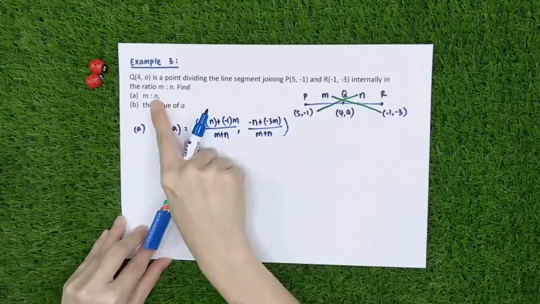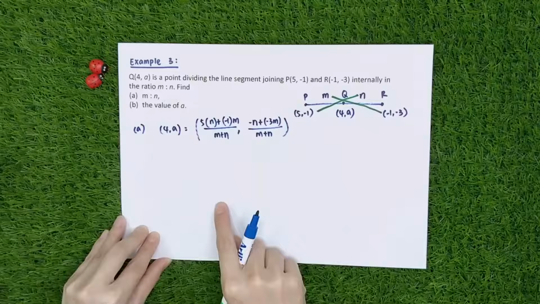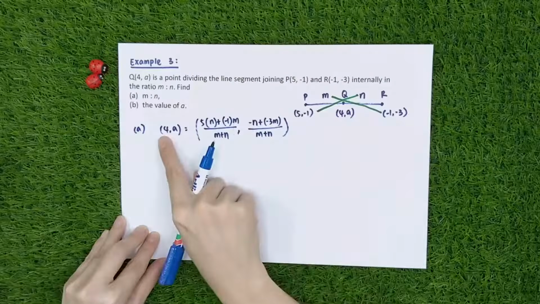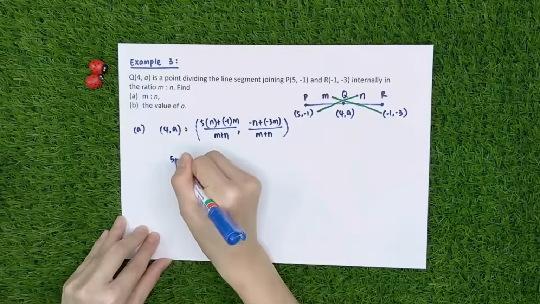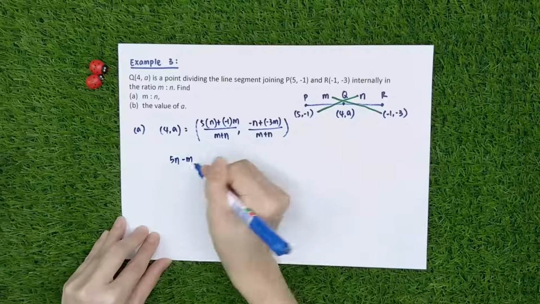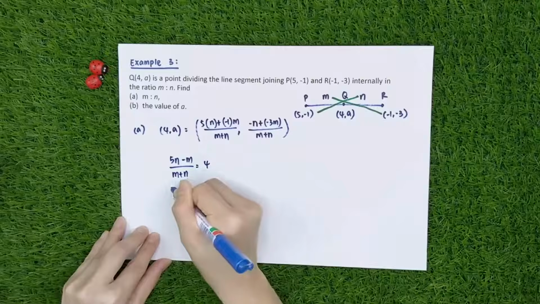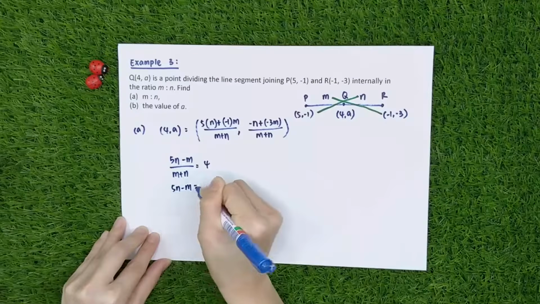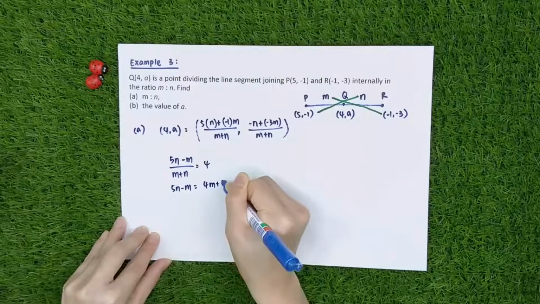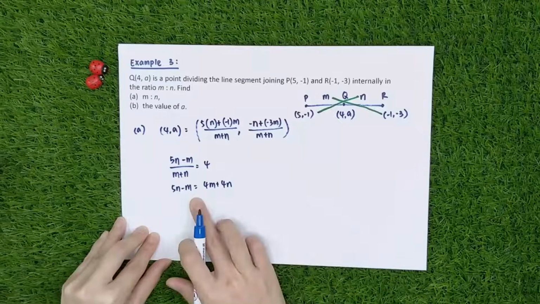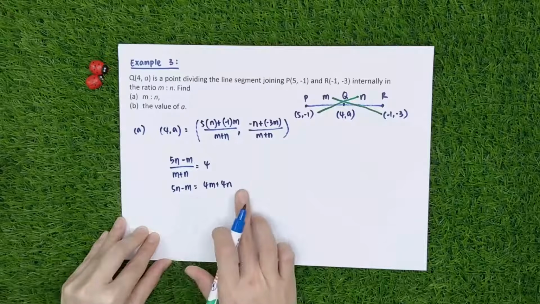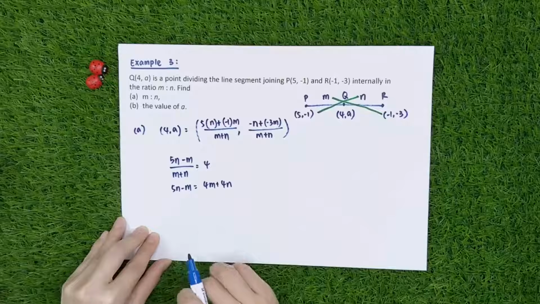And it wants us to find the ratio of m over n. So I will equate this with the 4. Okay? So (5n minus m) over (m plus n) is equal to 4. 5n minus m is equal to 4m plus 4n. Then I will move the same variable to one side and the other variable to the other side.